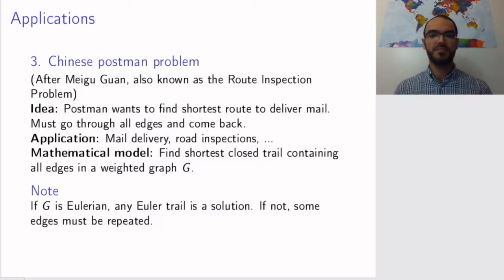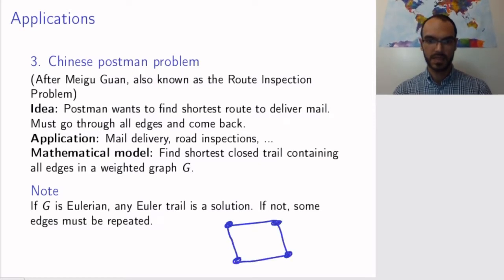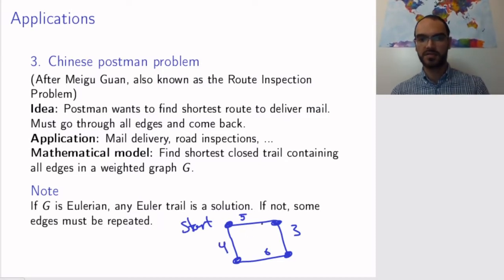And the mathematical model is that you want to look at a weighted graph, and you want to find the shortest closed trail that contains all the edges. So, for example, if your city looks like this, and you want to start here, and the lengths are 5, 3, 6, and 4 maybe, well, then you can go either clockwise or counterclockwise.